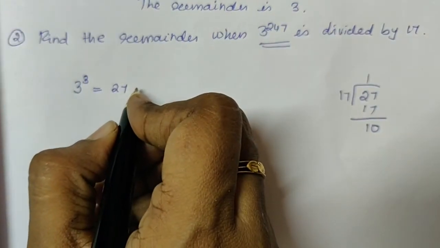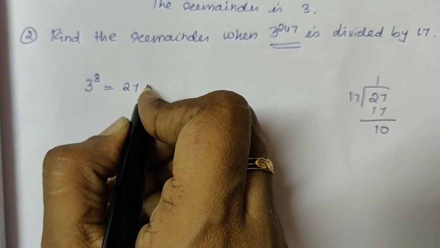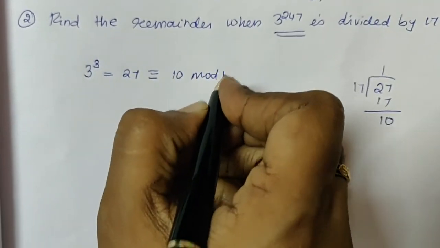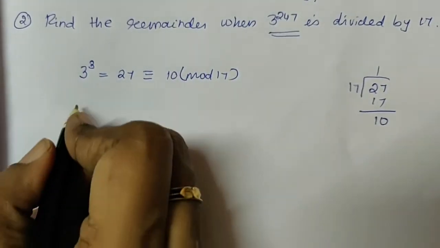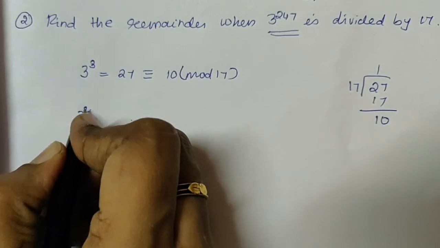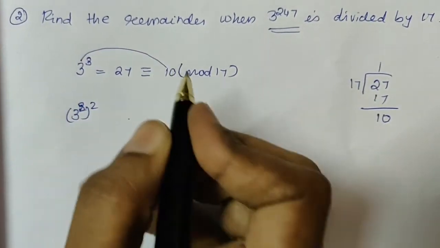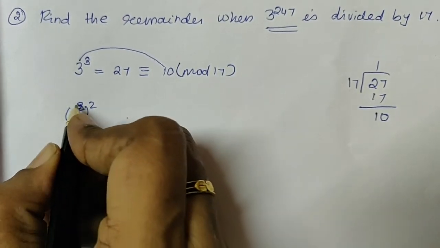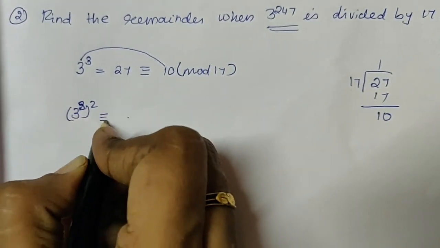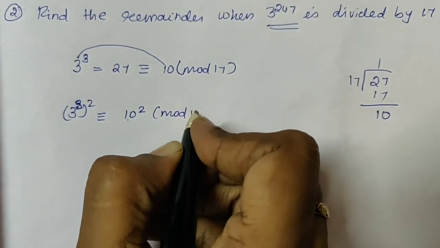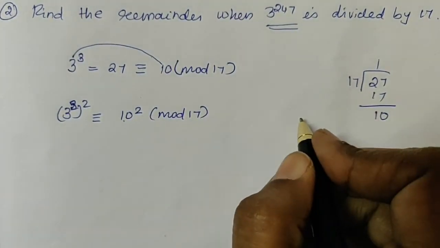So 27 can be written as 27 is congruent to 10 mod 17. Next, 3 cube squared, 3 cube the whole square. 3 cube is congruent to 10 mod 17 means 3 cube squared is congruent to 10 squared mod 17. 10 squared value is 100.